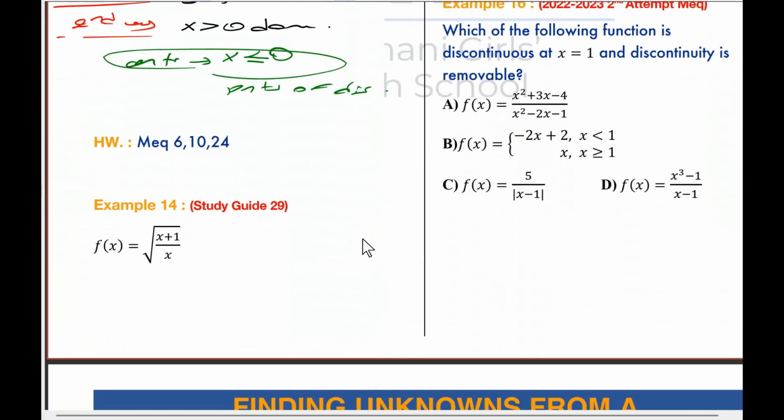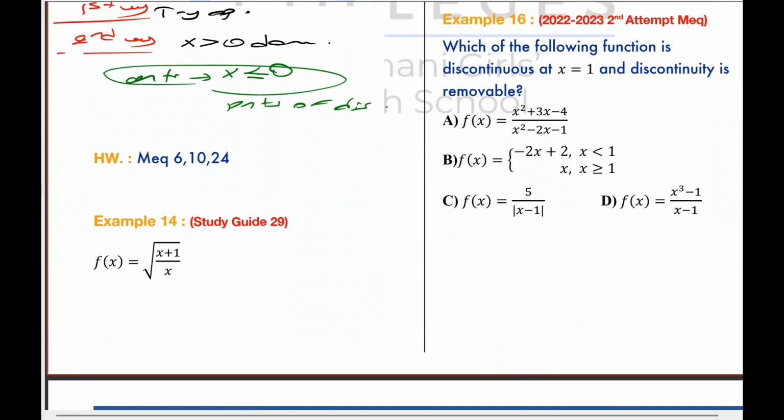Okay, there are similar questions. You try it. Study Guide 29 and 2023, they asked a similar question. They just changed the number. Instead of 1, they make it 2. So how do you solve these kinds of questions? You find critical values for top and bottom. For top, what makes the top 0? X plus 1 equals 0, x is equal to minus 1.